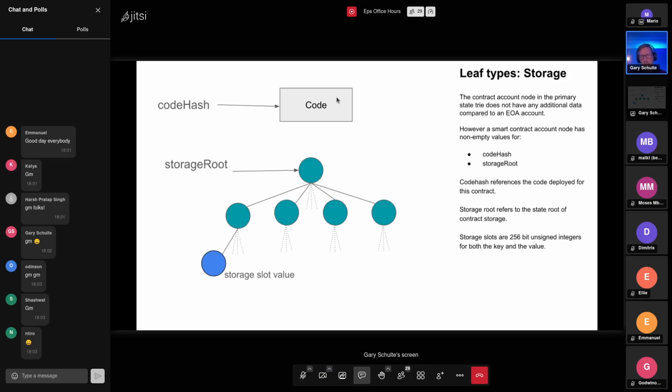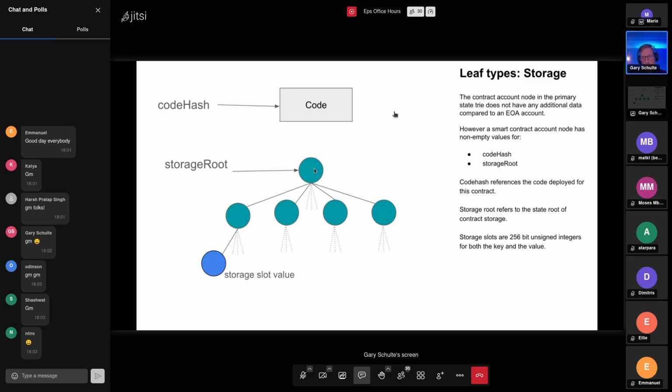Contracts have storage that presents as a map of uint256 to uint256. So a 256-bit value key maps to a 256-bit value. But essentially, this is all Merkle tree inception, in that each contract is going to have its own Merkle tree and its own root hash.